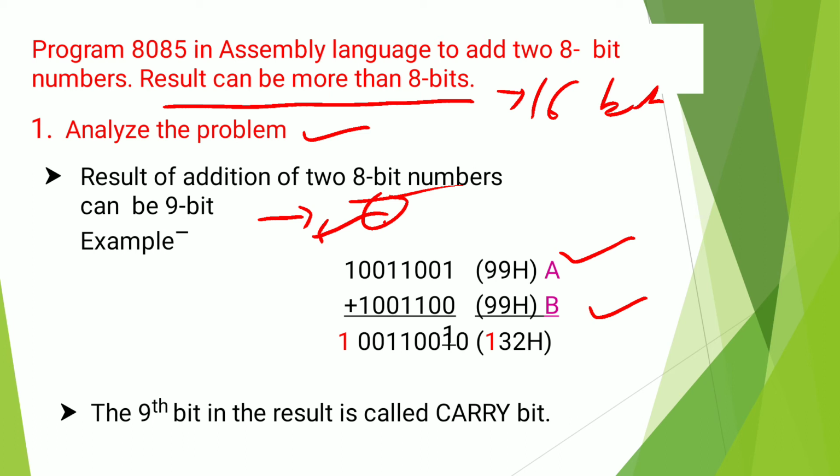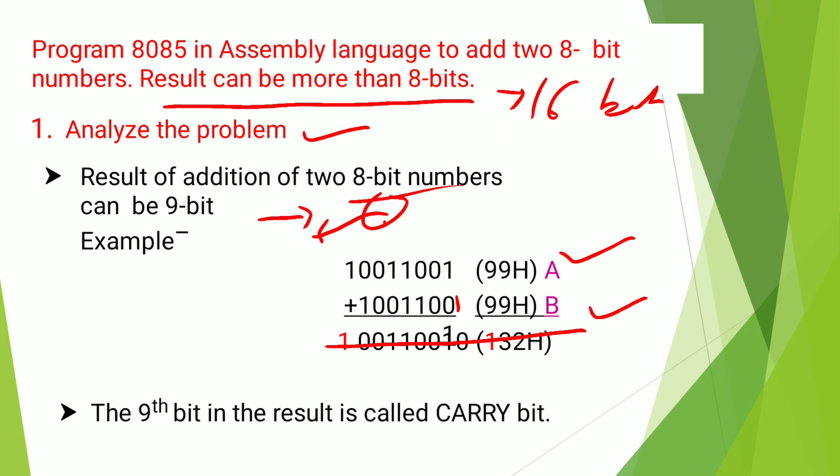Now add these two numbers. Adding bit by bit, with carries passed to the next bit, there is another carry, and another one.